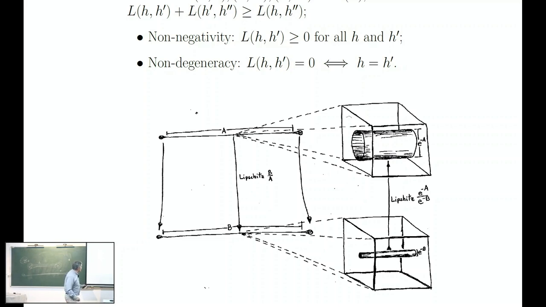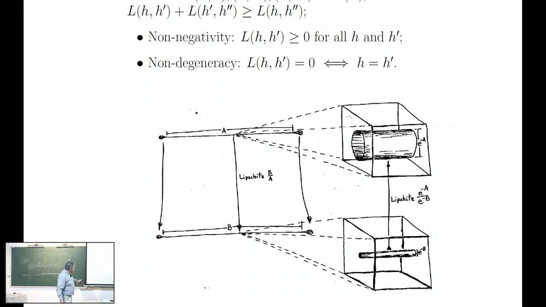What counts here is the ratio of this distance to this distance, because the other distance will count less. From here to here, the Lipschitz constant is more or less B over A, but the Lipschitz constant from here to here is different, and this is now hyperbolic geometry.